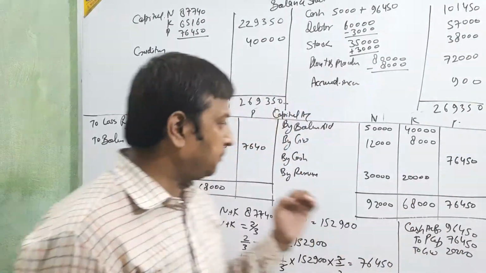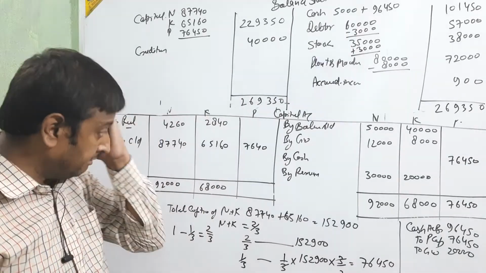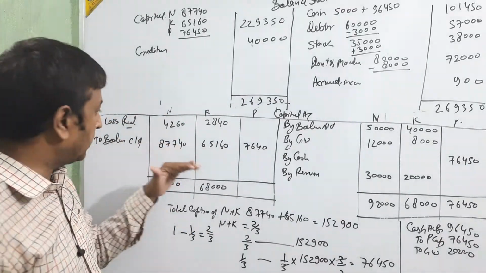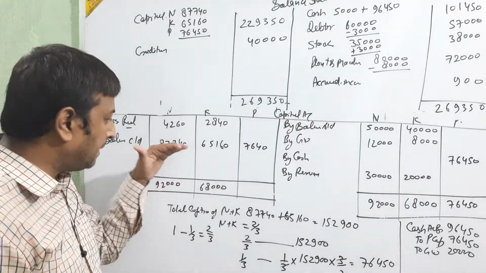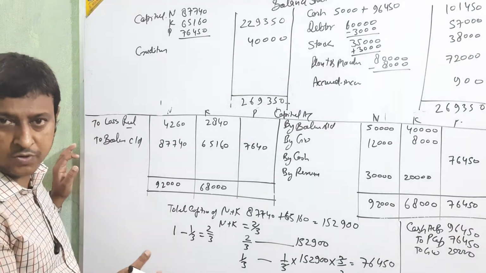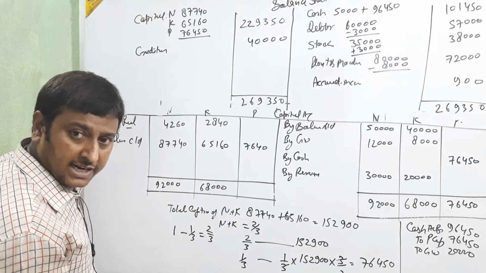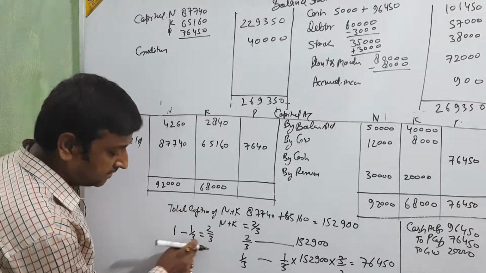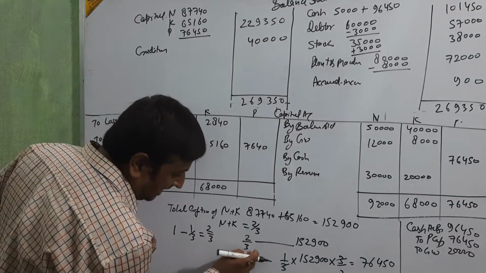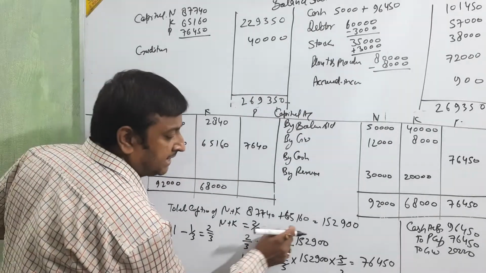For the capital of the new partner, first we make the revaluation, then the capital account, and in this capital we calculate the capital of the old partner, then utilize the ratio. If the ratio of old partner is this, then his capital is this.